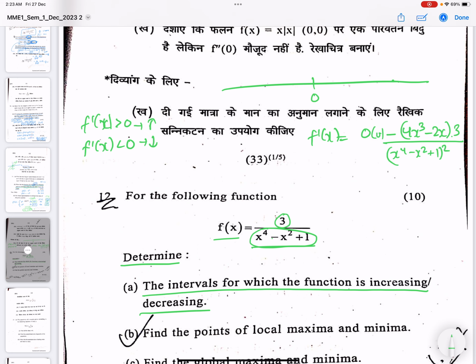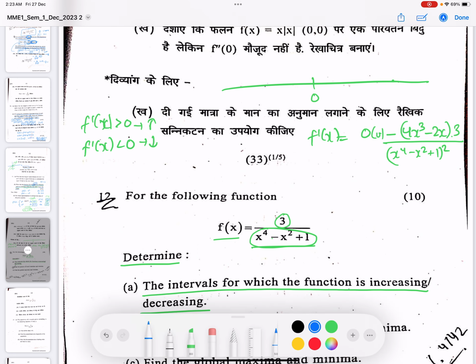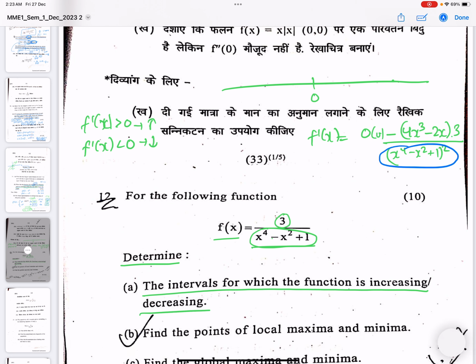So look at this thing, the denominator would be positive throughout irrespective of what the value of x is because it is a square term. Talking about the numerator, the value is minus 12x cube plus 6x.